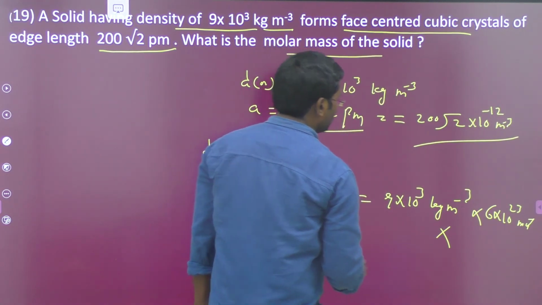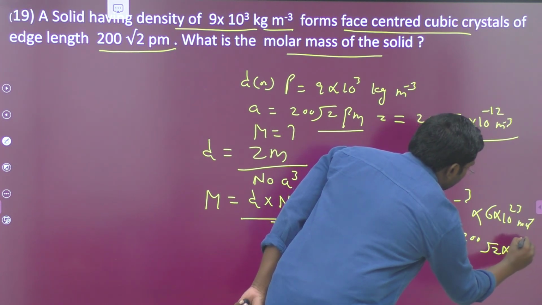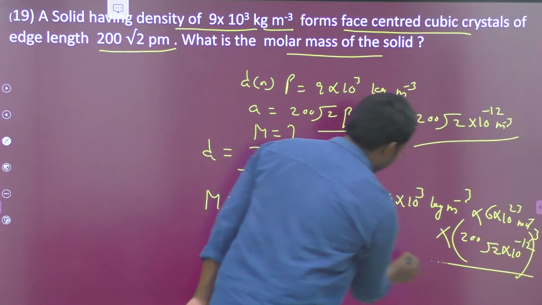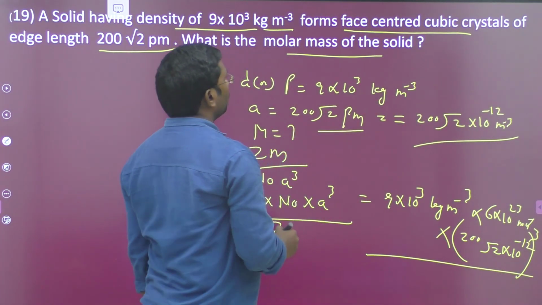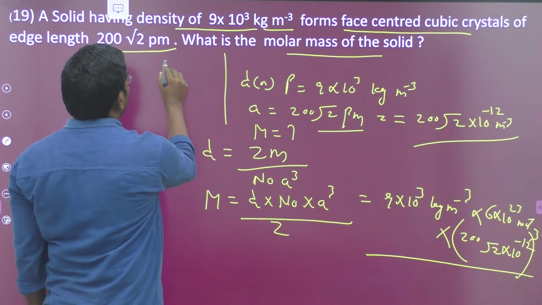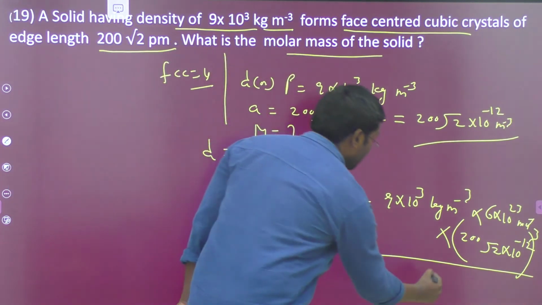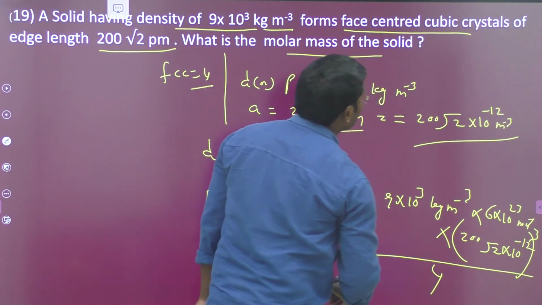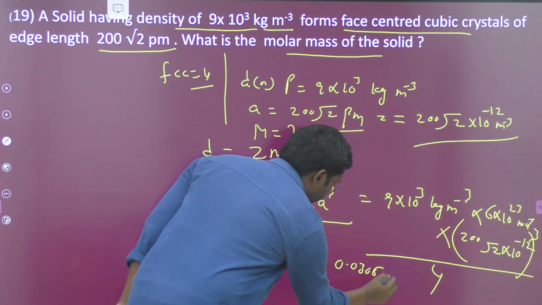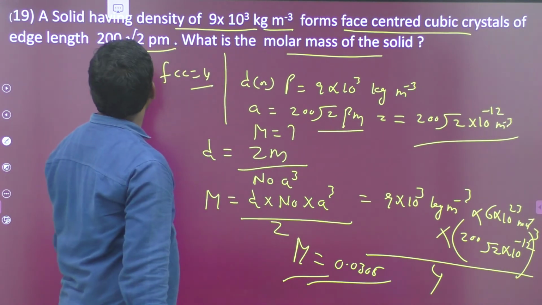Now these values appear as 200 into root 2 into 10 power minus 12 whole cube by Z. Z means total number of atoms. In FCC structure total number of atoms is 4, therefore in place of Z we take the value 4. So finally we get 0.0305. This is the molar mass of the given solid substance.